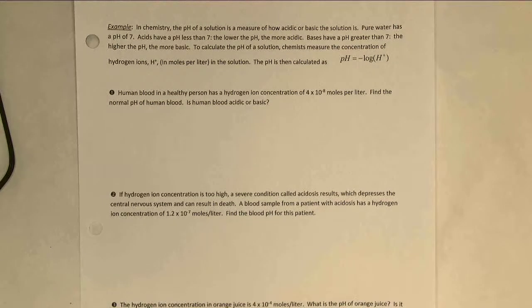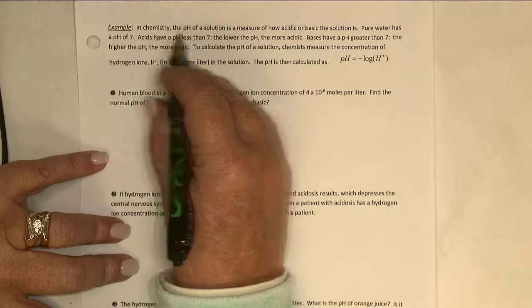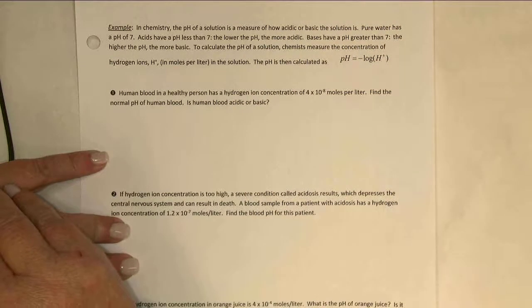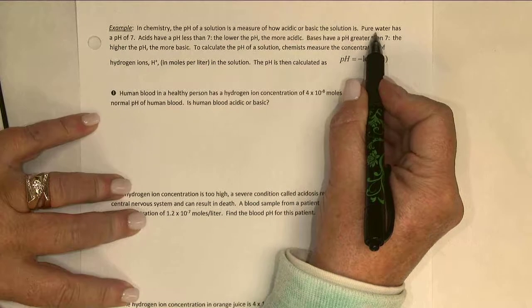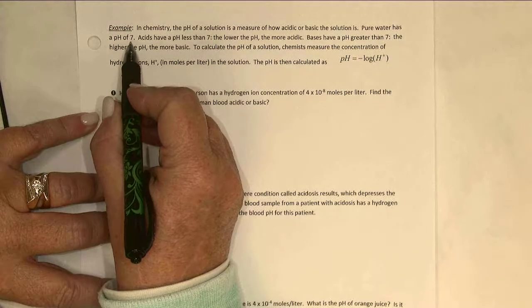So we know pH is used for various things. In chemistry, essentially the pH of a solution, that number tells how acidic or how basic the solution is. Pure water is neither an acid nor a base, and it has a pH of 7.